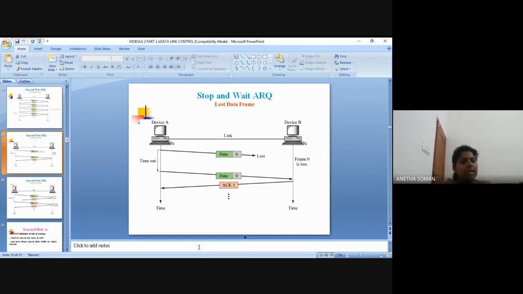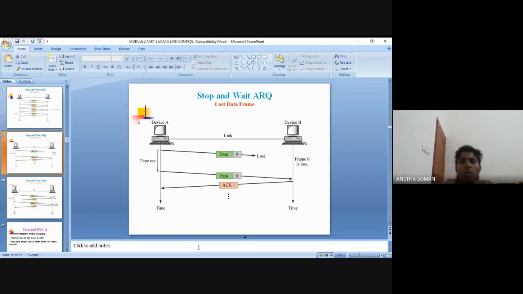Once it starts transmitting the data, the timer also starts. If the frame never makes it to the receiver and the timer times out, device A understands that the data has been lost during transmission. Once the timeout period is over, the same data is sent again towards the receiver.